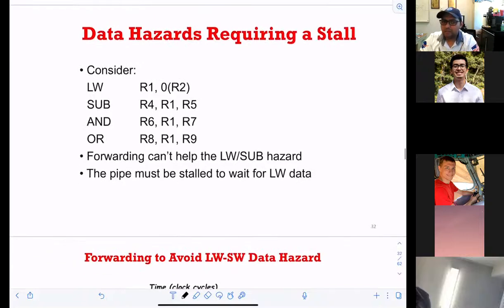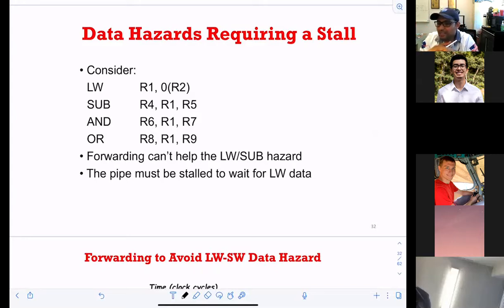So for the data hazard in this code, I am loading a word, and that word comes from offset 0 and the base written in R2, and the data pointed to coming out of the memory will be loaded in R1. But I need multiple cycles for this instruction to be executed in the pipeline, because I have 5 stages, if you remember, right?